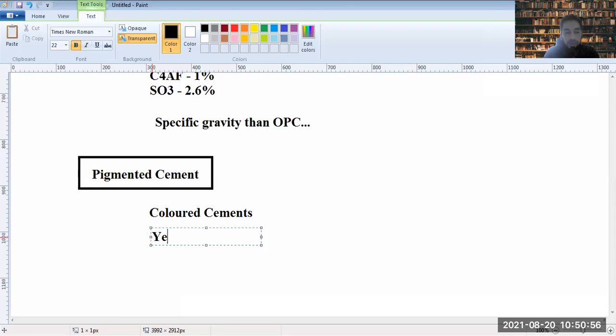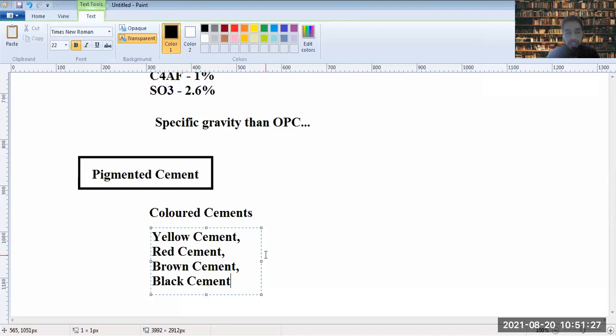Otherwise, people would have gone for different types and colors of cement, but the production involves a lot of issues to maintain the color. You could have a red cement, yellow cement, brown cement and black cement.